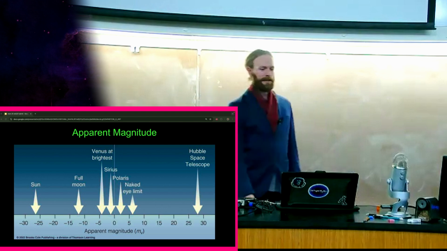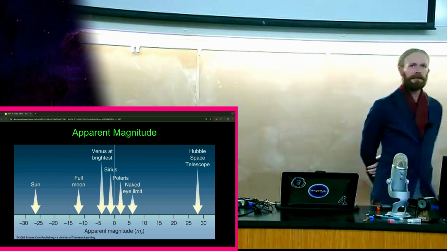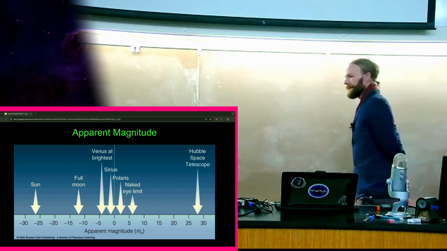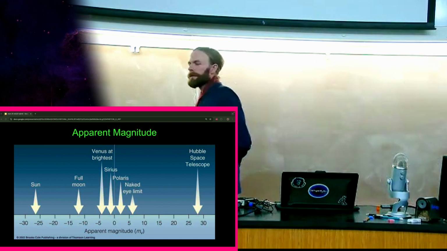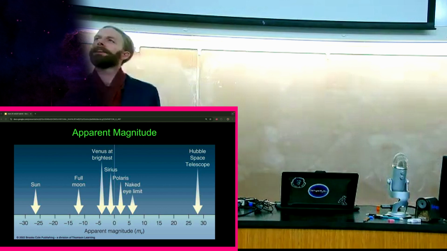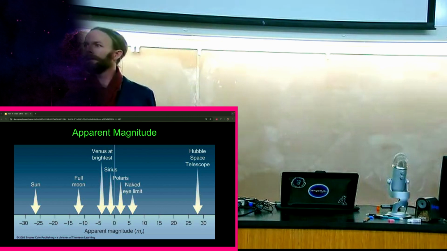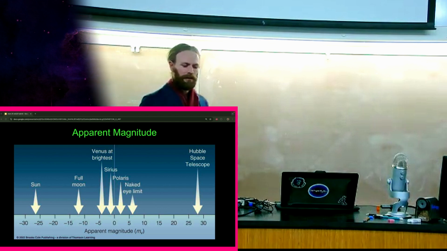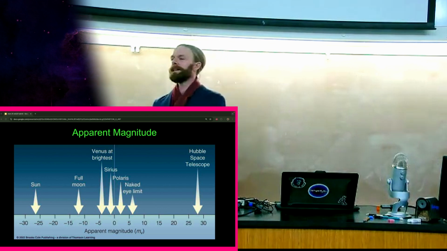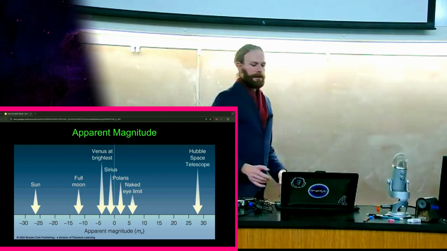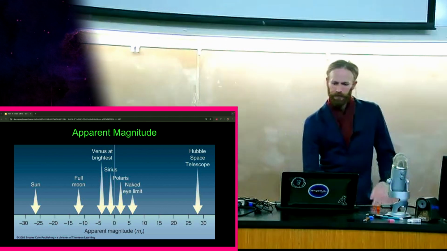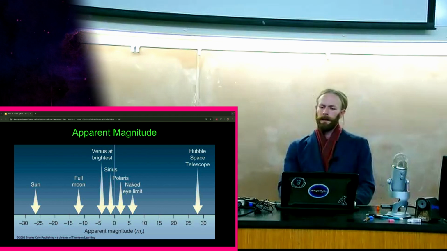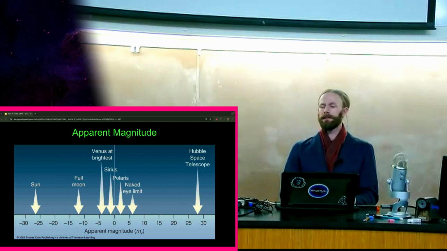So this is magnitude, and it's a really preposterous scale, which I think is going to help us understand a little bit. I think this illustrates a bit of this principle where people build on old ideas that are not necessarily the best ideas. So there's this dude back in Hellenized Egypt.